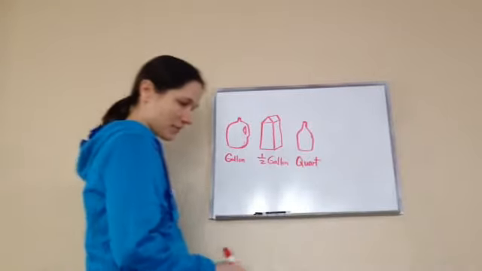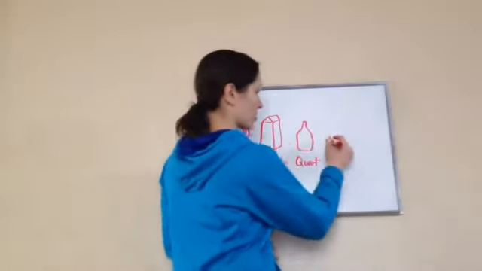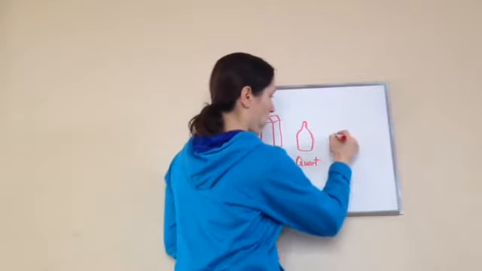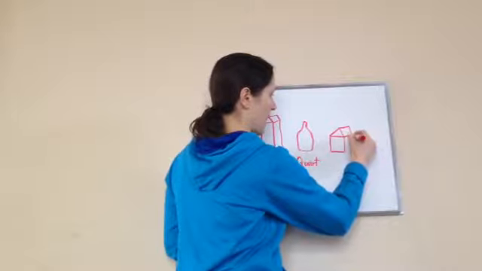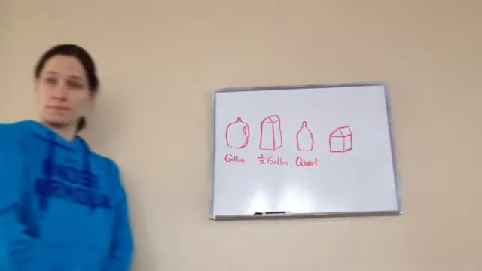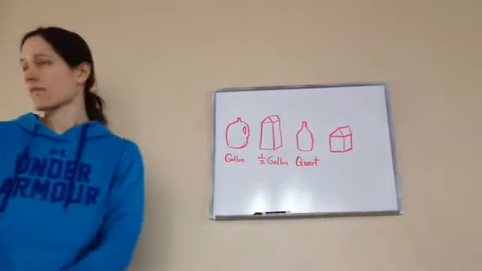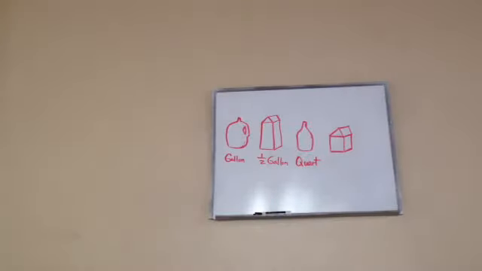The next thing I want you to draw is a smaller version of this. Is it smaller than the quart? Mm-hmm. Everything is half the size of the other one. Mine's a little weirdly shaped, but it would be similar to this size.